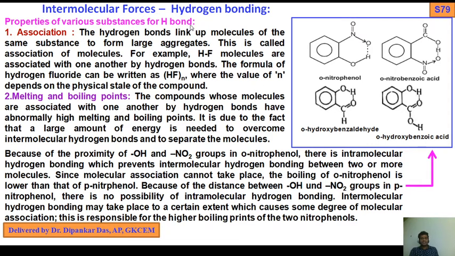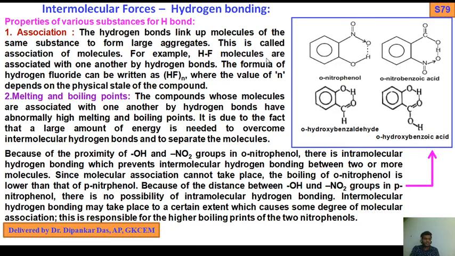Properties of various substances due to the development of hydrogen bonds. First one is association. Hydrogen bonds link up molecules of the same substance to form large aggregates, so the surface area will increase.